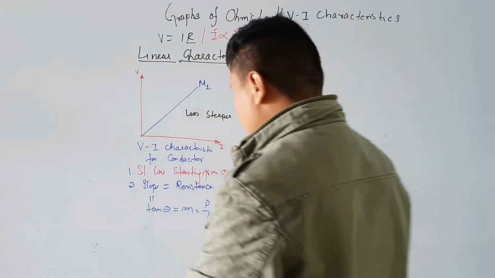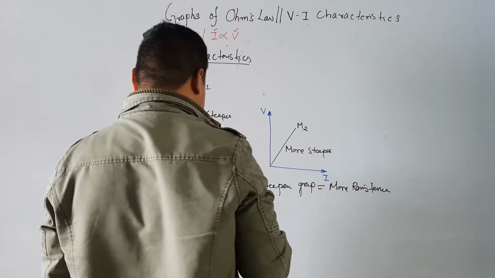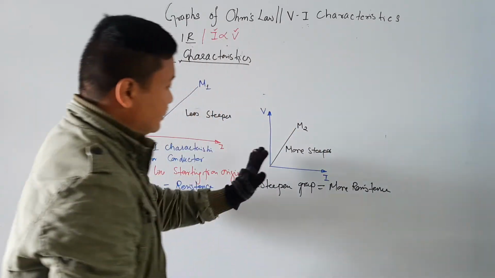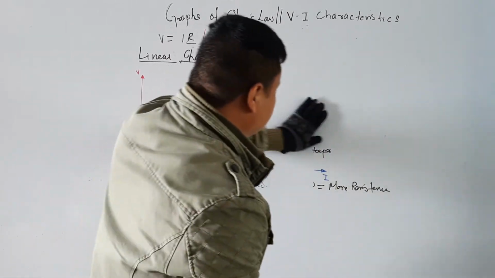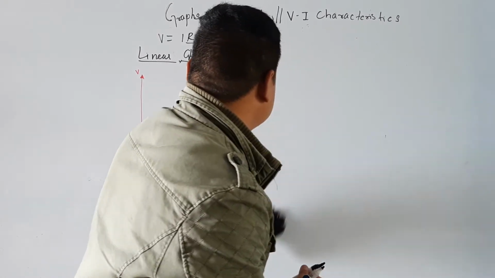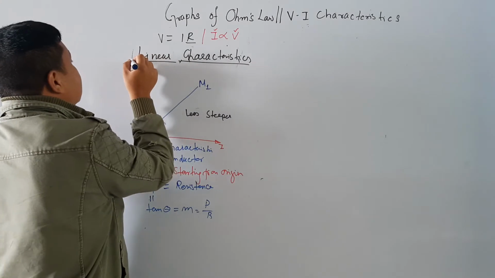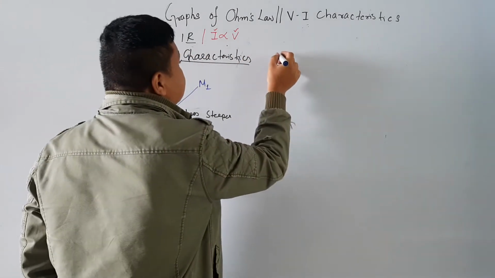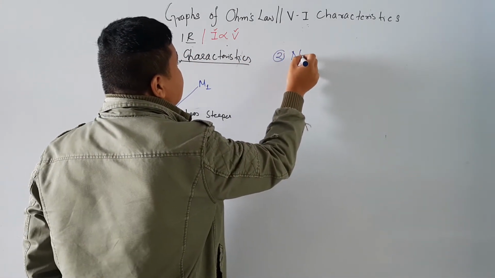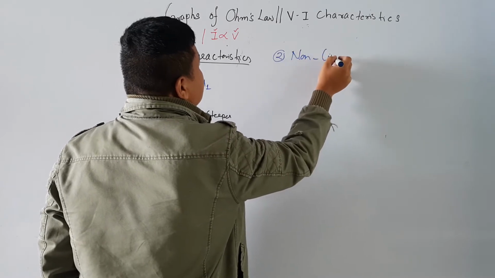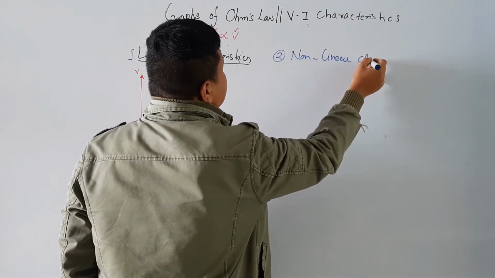What do we do for non-linear? So I will rub this out. Non-linear characteristics. So this is number 1 and this is number 2, non-linear characteristic.